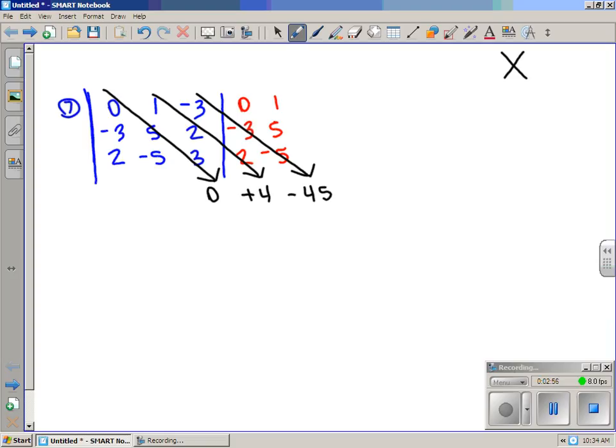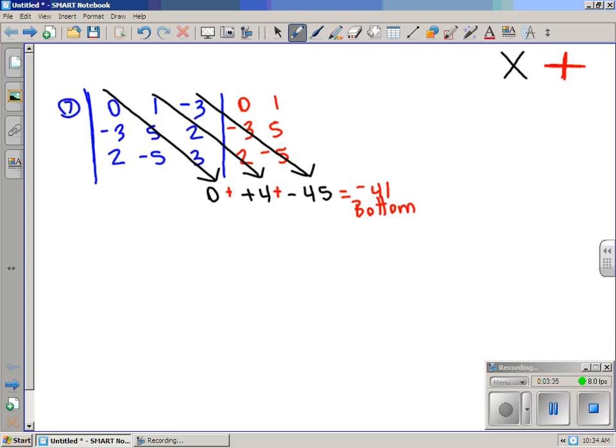Then you take the bottom three numbers, and since they are across from each other or on top of each other, you add them. So 0 plus 4 plus -45 would be a -41. This is what we call the bottom number. Since that is the bottom number, that implies that there is a top number. To get the top number, you do the same thing except you start at the bottom and you go diagonally up, multiplying along the way.